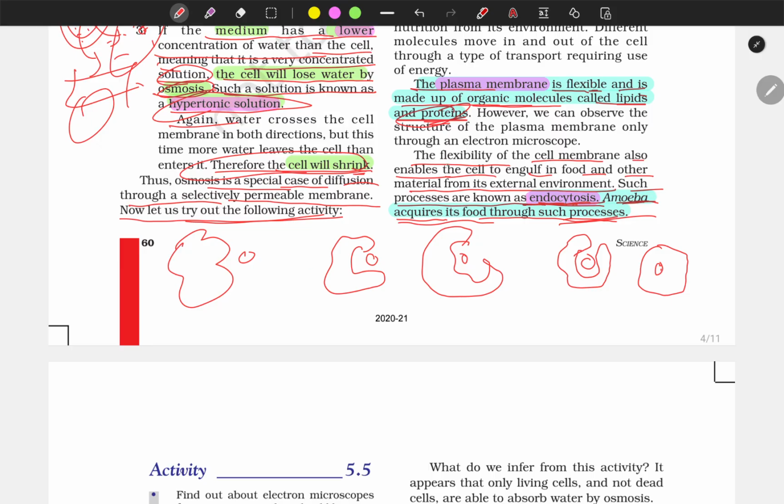This happens only because of the flexibility of the cell membrane; the amoeba can absorb food in this way. So this is called endocytosis.